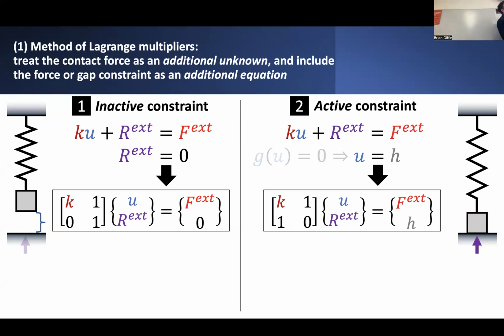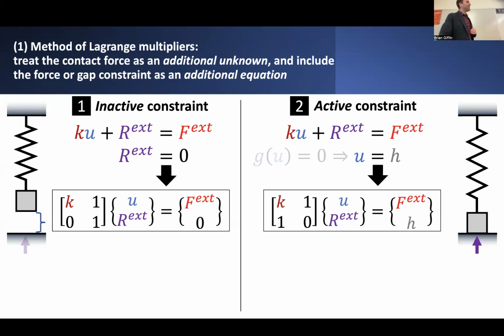We have to make some initial guess of which one we're going to solve, try to solve it, and then check after the fact: was that the right assumption? Did we assume the right inactive or active status of the contact condition? All right, so that's the first way that you can do this. Just set up a system of equations and solve it for both of these two unknowns, but the system of equations will involve one of two different extra equations that we have to solve.